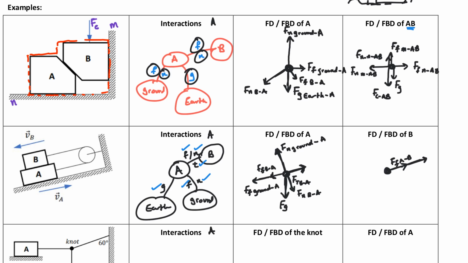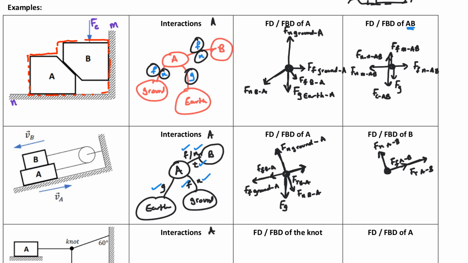And that is also caused from object A, because it's attached to A right here. So this is going to pull it back, so that's this force over here. There's going to be a normal force as well from object A, so that's going to be the normal force from A to B.